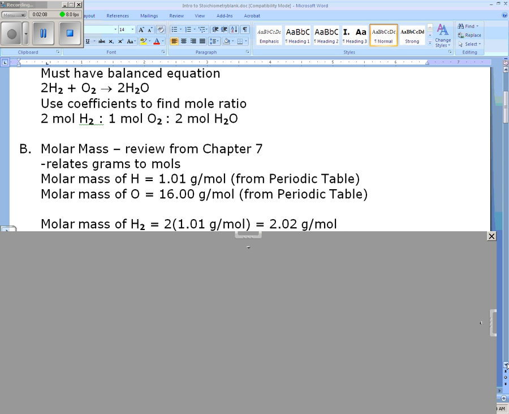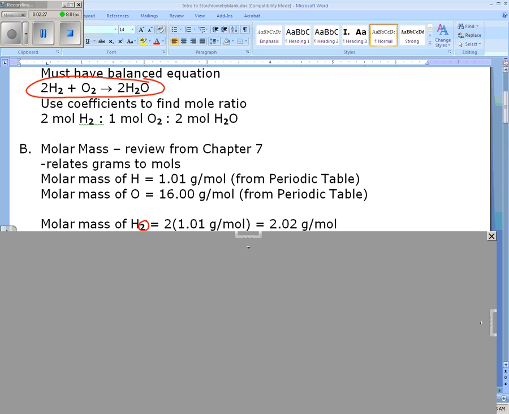So, in dealing with the equation that I have up here, this formation of water, I can find the molar mass of several different things in there. The molar mass of H2 is 2 times 1.01, and that's because of the subscript. Now, coefficients have nothing to do with molar mass.